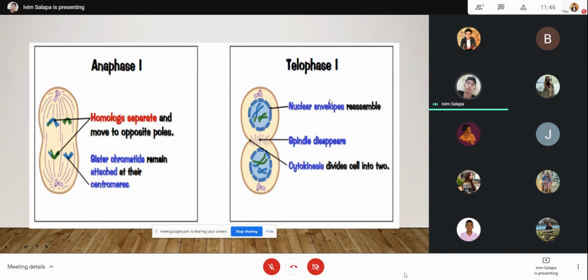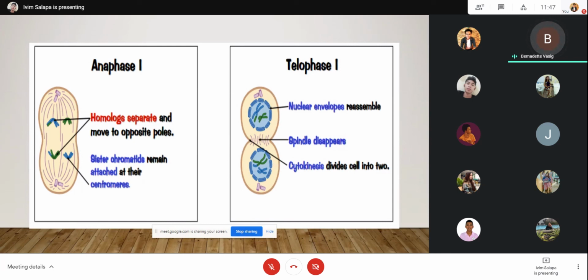In telophase 1 of meiosis, the sister chromatids are still intact and not yet separated, while in mitosis during telophase the sister chromatids are separated and the genetic material is distributed to form exact copies in the daughter cells, while in meiosis they are not yet separated. So after that comes the formation of cleavage.